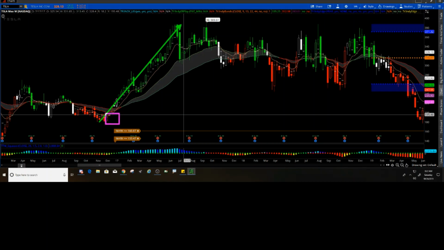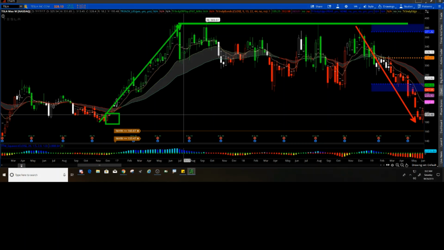This right here, this little pocket was some demand, okay? And up here, previously there was supply. And you can see that once price met supply twice, it did roll over and it came all the way back to the origin of the move, okay?